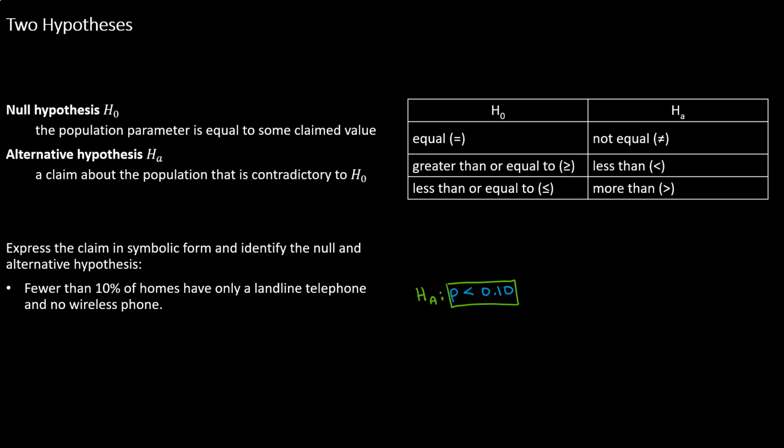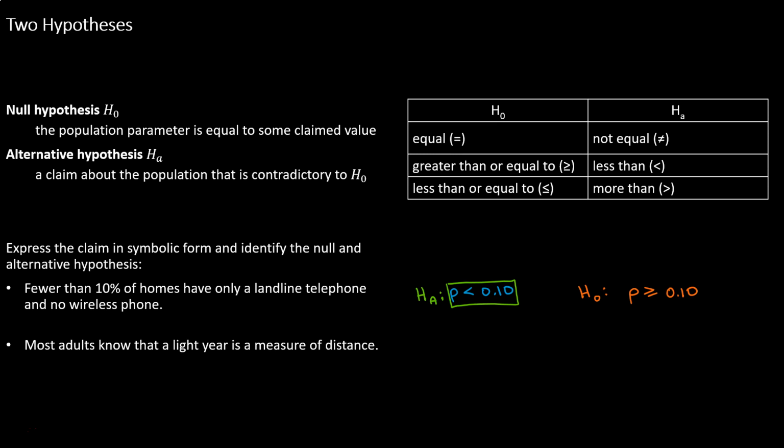So our null hypothesis is still talking about the population proportion P. It's still comparing it to the 10%, but this time the inequality symbol gets flipped and we include the equality portion. So our null hypothesis is that the population proportion is greater than or equal to 10%.